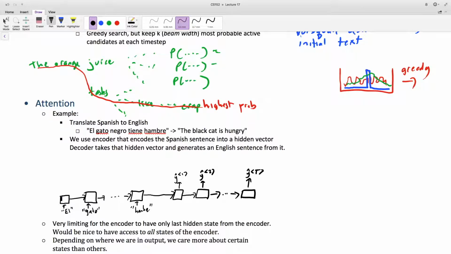And we're translating, my example here was, let me actually go ahead and make an RNN. So El gato negro tiene hambre.